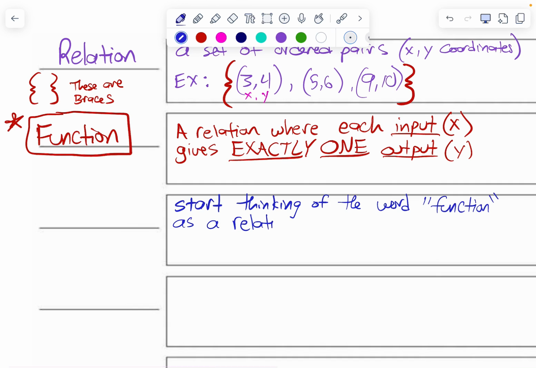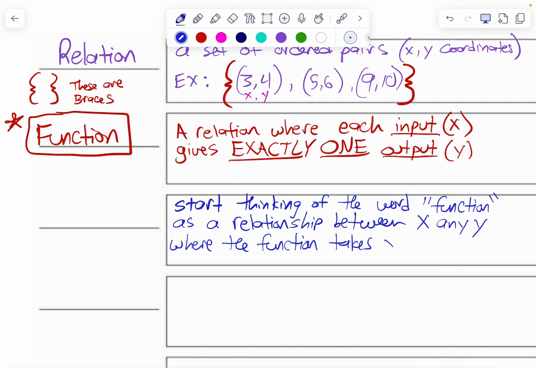So start thinking of the word function as a relationship between x and y, where the function takes x, which is an input, does something to it, and gives y, the output.